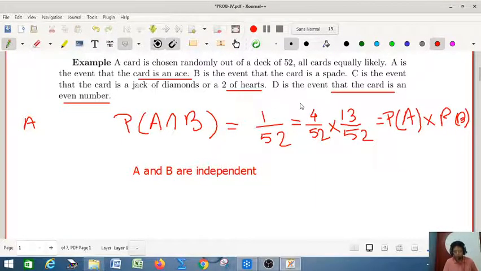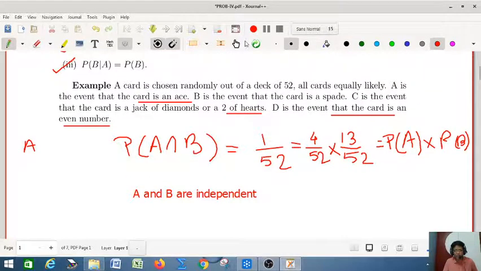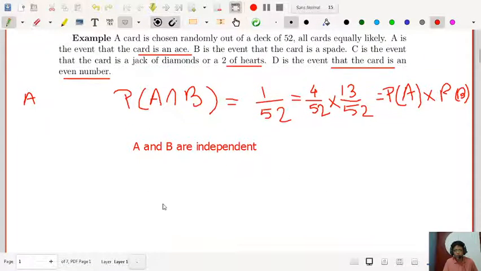And now let us calculate the probability of C intersection D. What is the probability of C intersection D? C is the event that the card is a jack of diamonds or a 2 of hearts, right? And D is the event that the card is an even number.